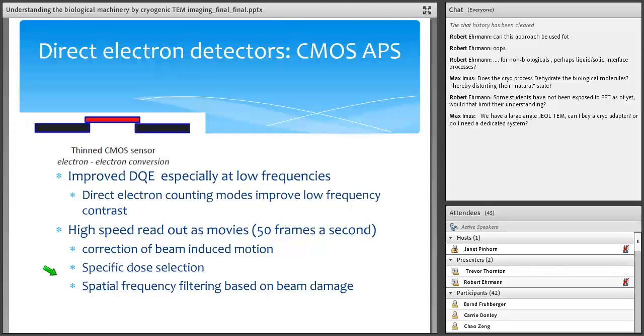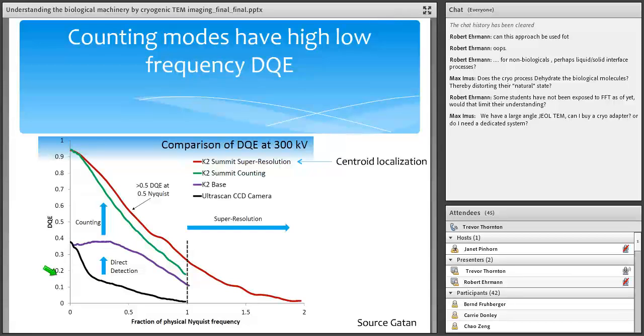Absolutely, yes. And so this is a plot of the DQE of the current standard CMOS camera, which is produced by a company called Gatan. It's the K2 Summit. And so there's two things that this camera can do that are quite unique. One is it can go into counting mode, so it can count each electron event.